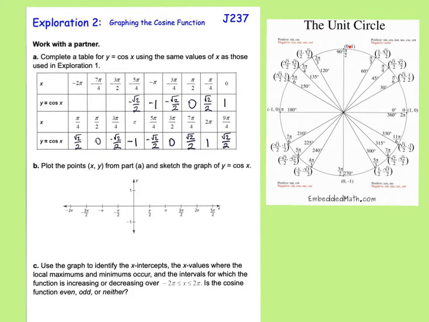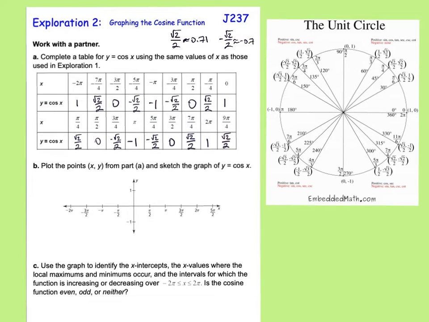Then we go to negative 3 pi over 2, cosine value of 0. Then negative 7 pi over 4, which is root 2 over 2. And at negative 2 pi we are arriving at the 0 line again, so our cosine value is going to be 1.